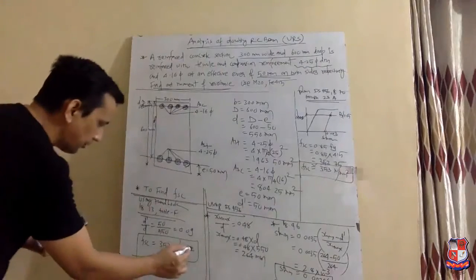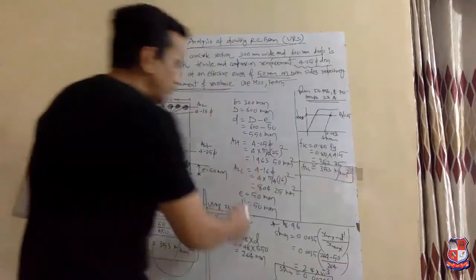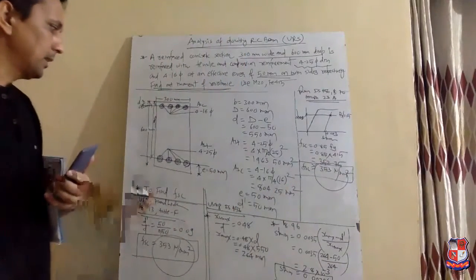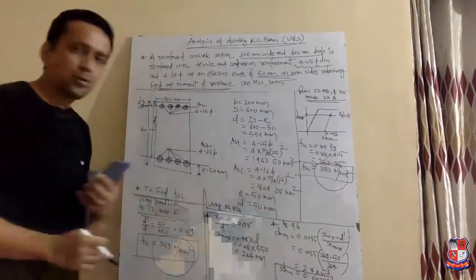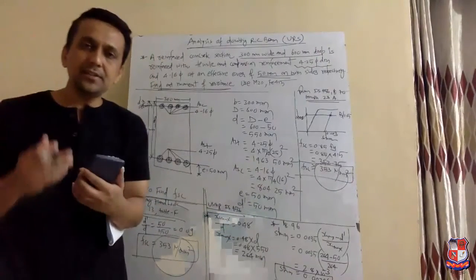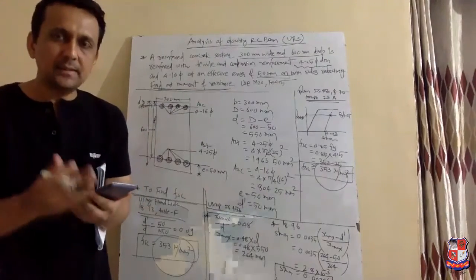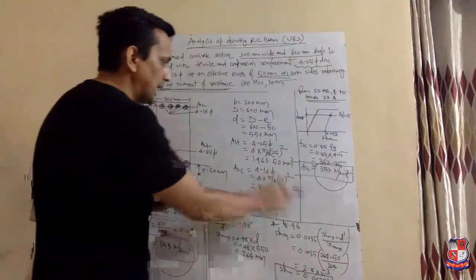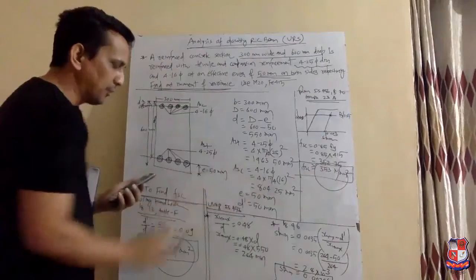See, using the handbook, the value comes 353, and using IS, the value also comes 353. Why have I found it using IS 456? Because in some colleges, the handbook is not permitted. That's why in that case, you should know how to calculate the value of FSC using IS 456.